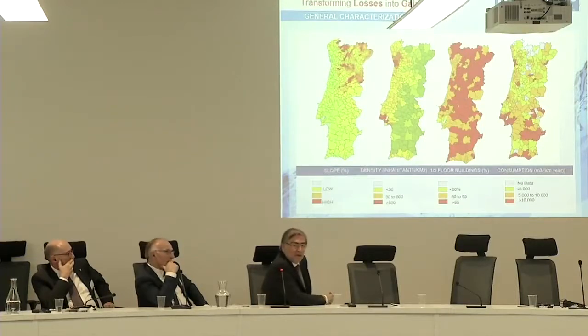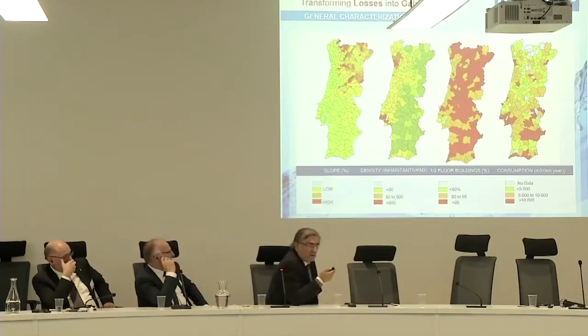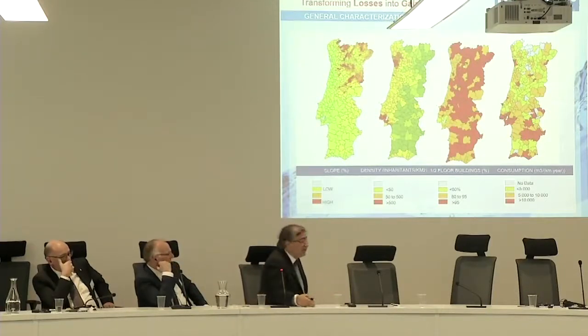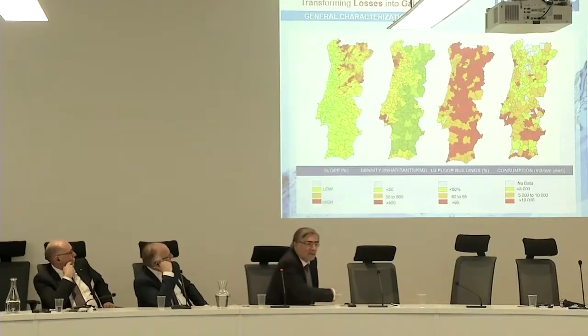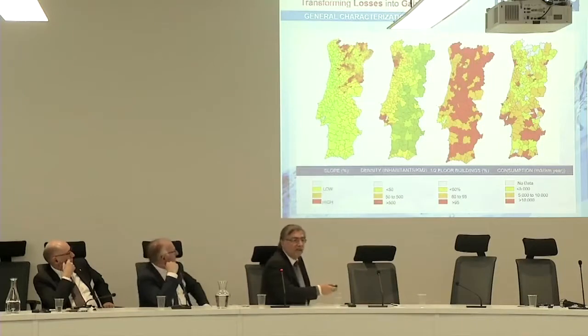In Portugal, we have about 5 bar in the network, and we have punctual places with 10. It's not logical because in the majority of the country we would only need up to 2, 2.5, 3 bar. In Lisbon, it's limited to 3 bar. If you want more, you pump.